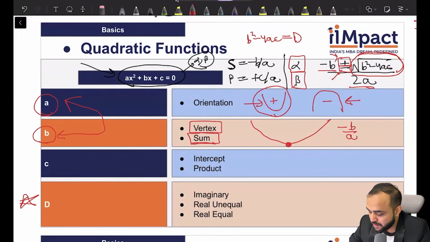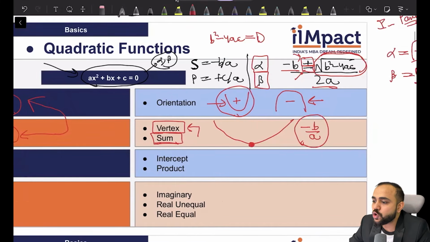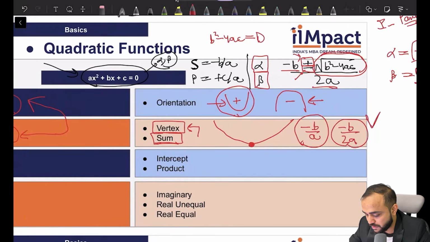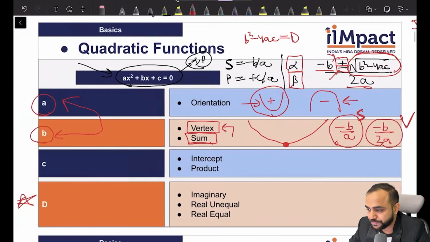It is symmetrical around the vertex. If I have the sum of the roots, can I find the vertex? The vertex is going to be the average of the sum of the roots. So the vertex is going to be minus b by 2a. So this is your vertex and this is the sum of the roots.